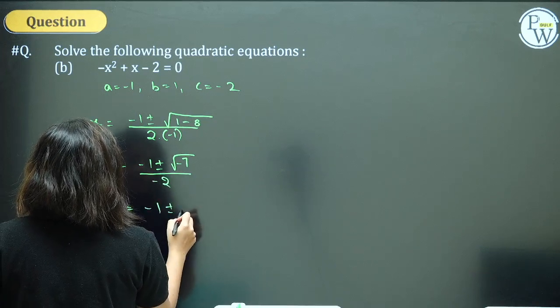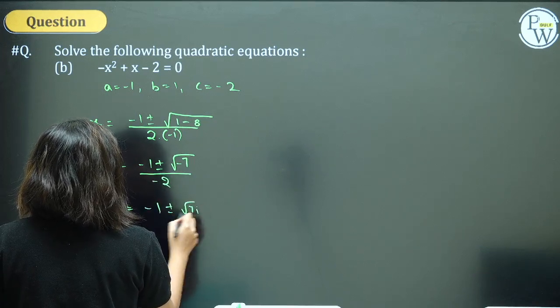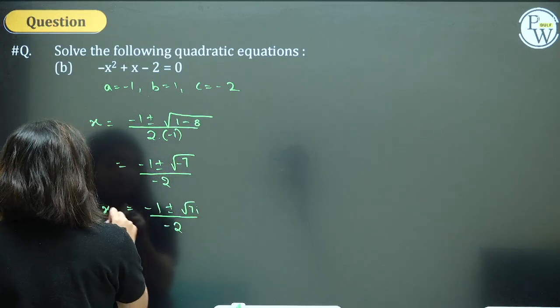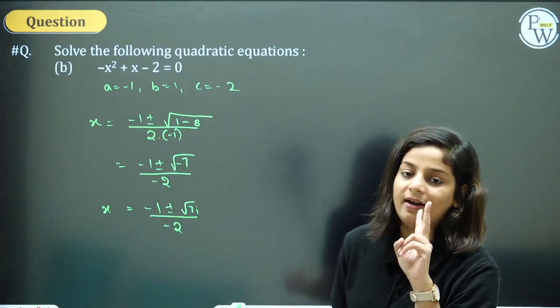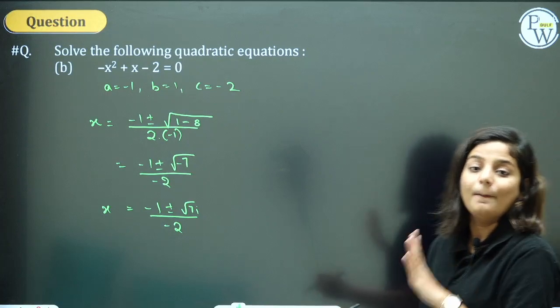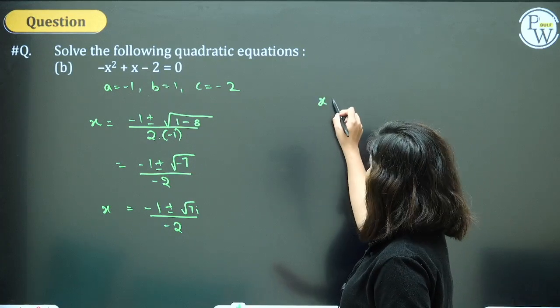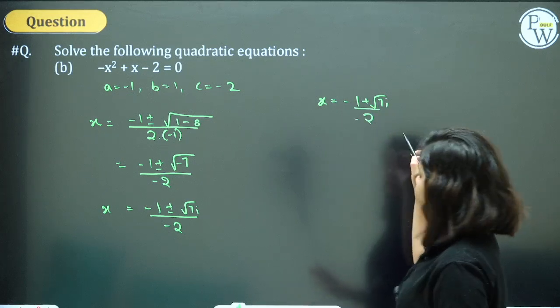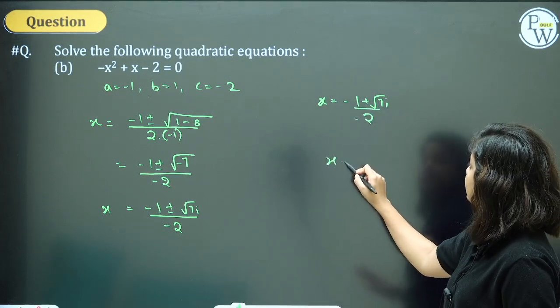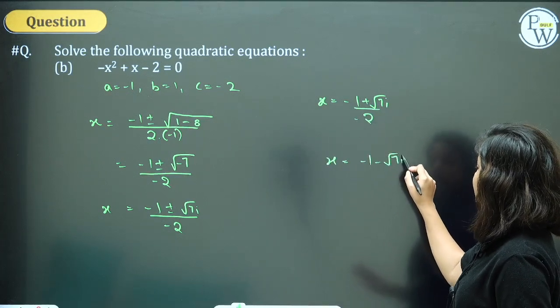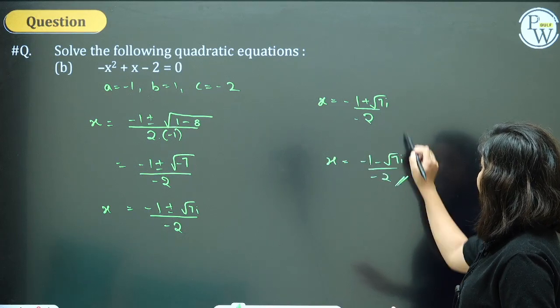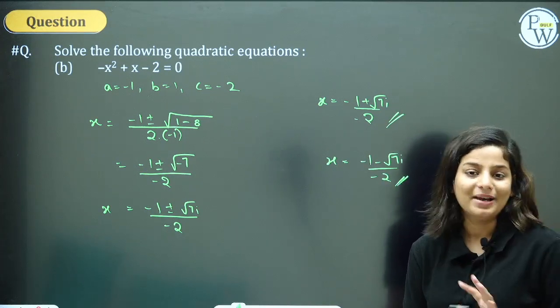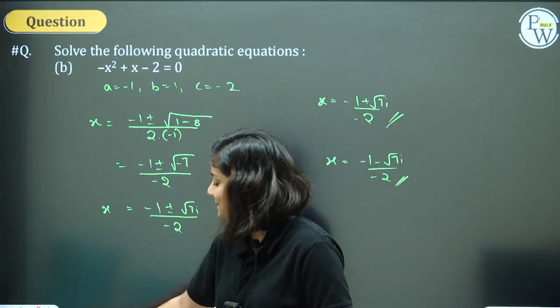Root of minus 7 can be written as root 7i. And once again, can you all notice there are 2 complex conjugate roots? One is with a positive sign and the other is with a negative sign. These are the 2 complex conjugate roots.